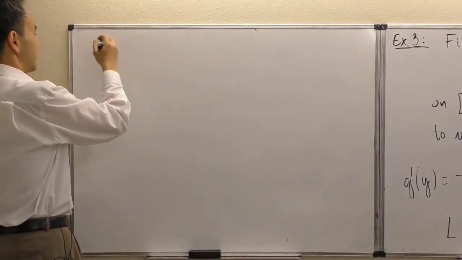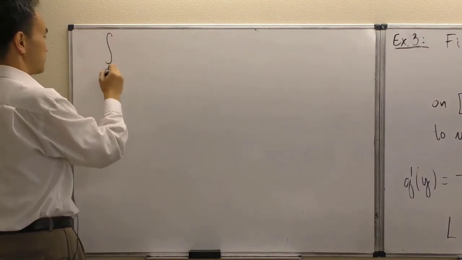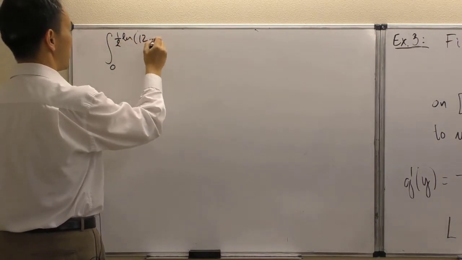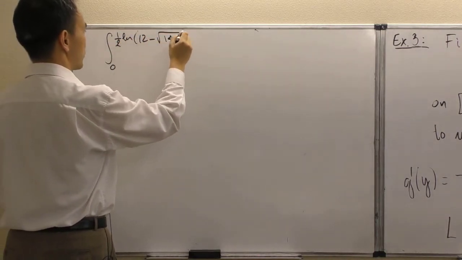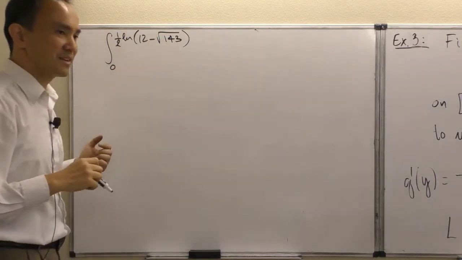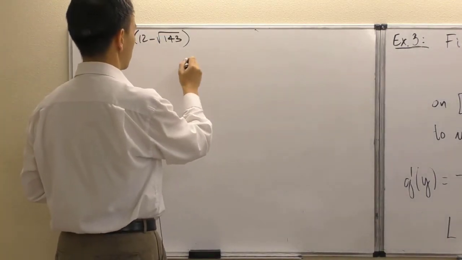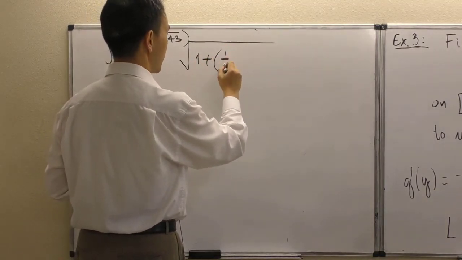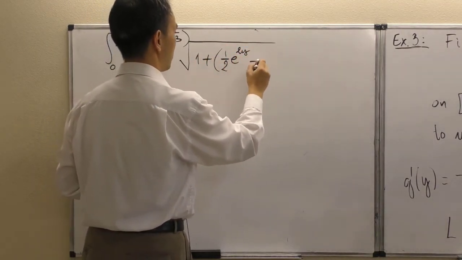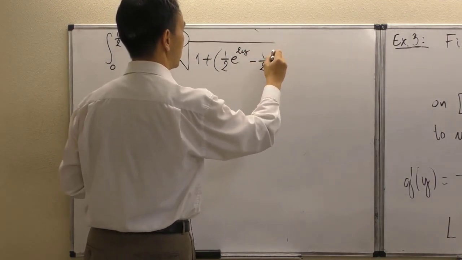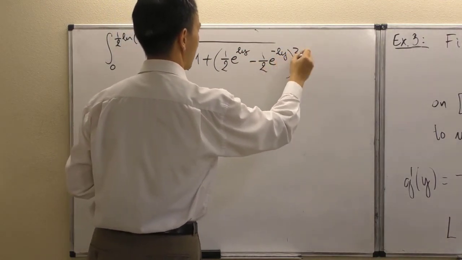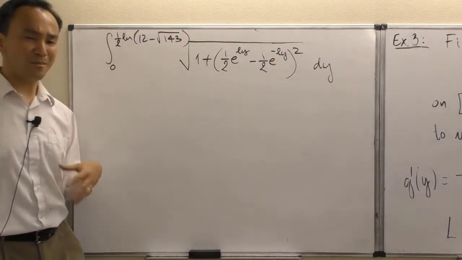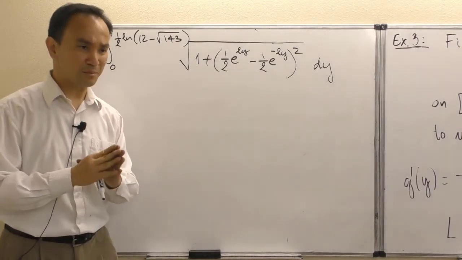So here's our integral, from 0 to 1/2 natural log of 12 minus the square root of 143, of the square root of 1 plus, 1/2 e to the 2y minus 1/2 e to the minus 2y, all squared, dy.